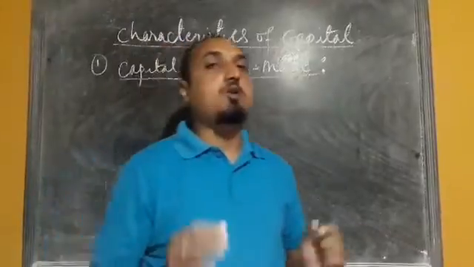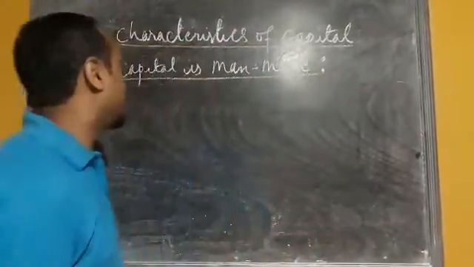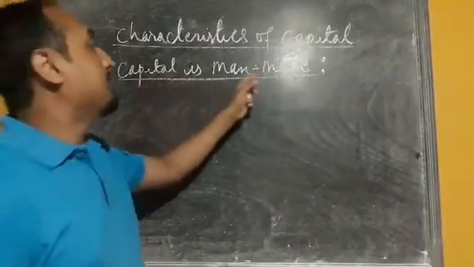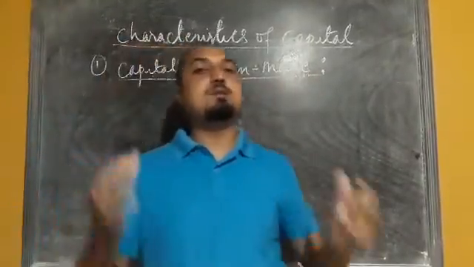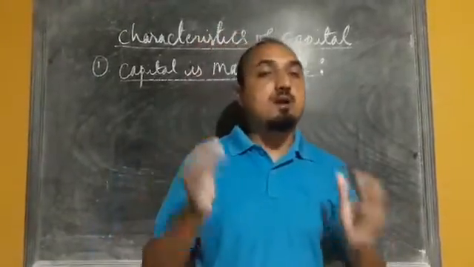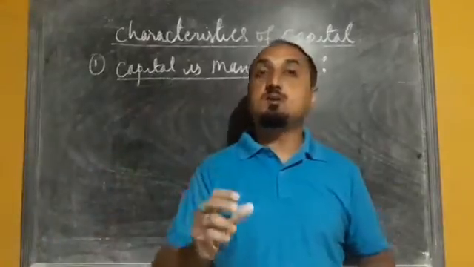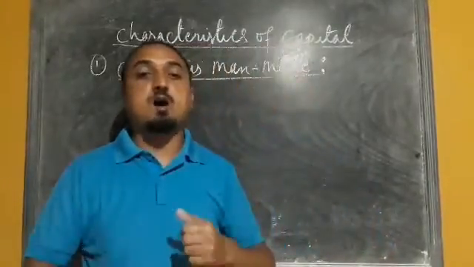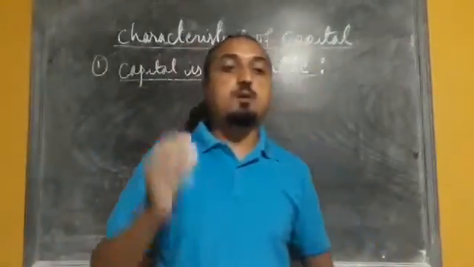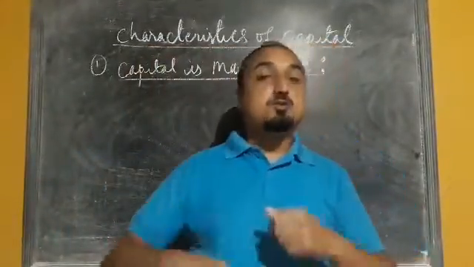Now the next topic we have is characteristics of capital. The first characteristic is that capital is man-made. Whatever the machinery, equipment, tools we have discussed just before, they are all man-made. Capital is the result of savings made by man, and when human labor is applied on natural resources.